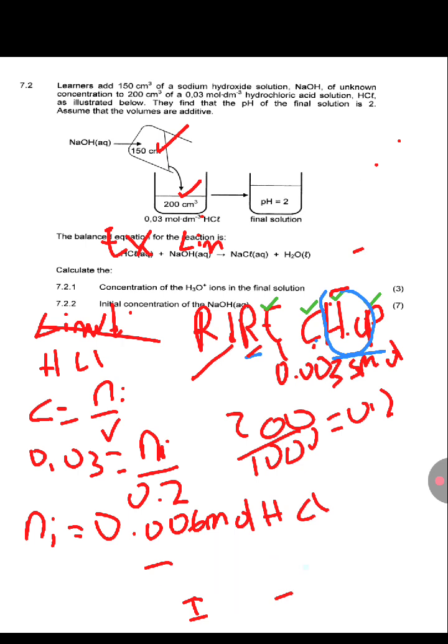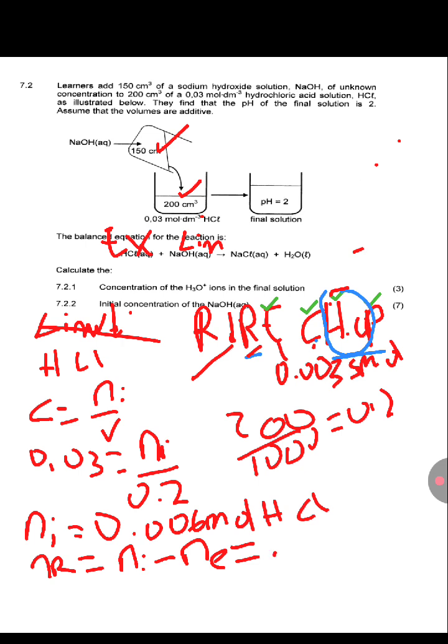So we're going to do that. Say, okay, the reacted number of moles is what? So we say NR is equal to the initial minus the excess, or minus the final, in other words.